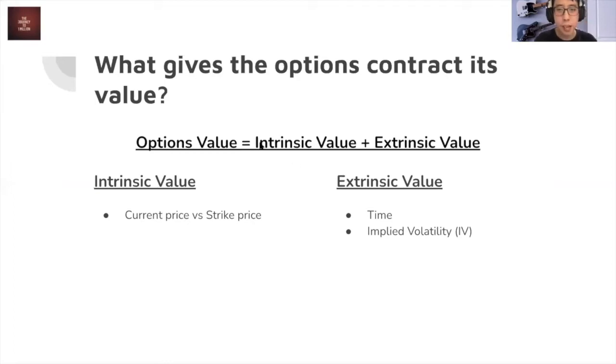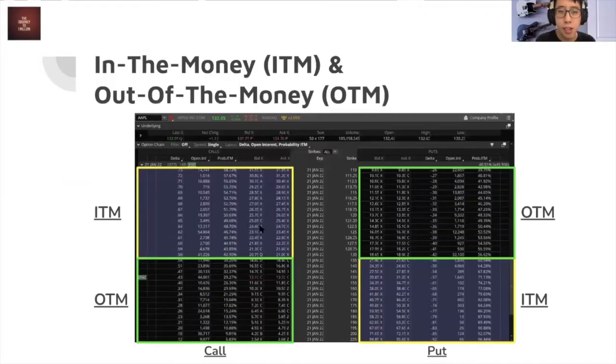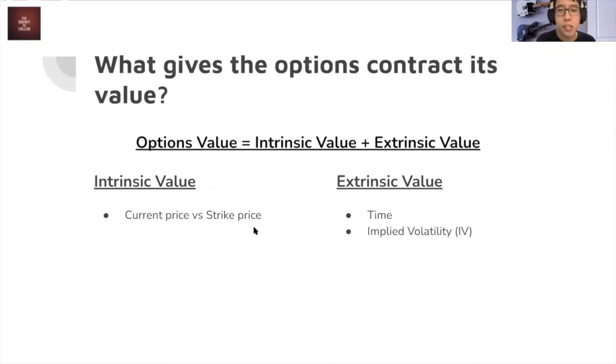So as I mentioned here, our option value is actually the sum of intrinsic value and extrinsic value. So if there is intrinsic value, then the options value will be higher. In the intrinsic value case, if it is in the money, it means that the options value is higher.